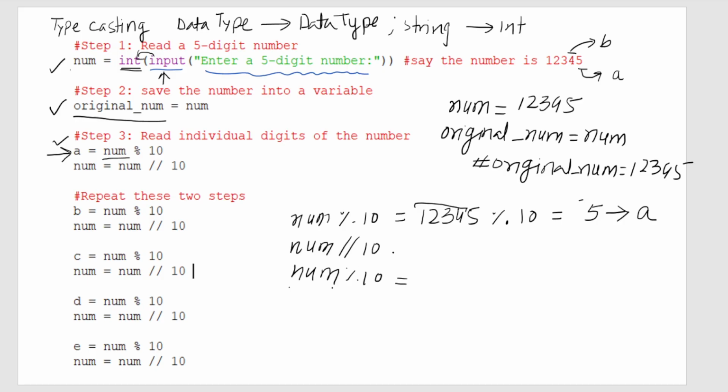Division by floor is 1 2 3 4 5 double slash 10. If you haven't studied the operators part, you should go back and check it, for those who don't know what floor division is. This division will give you 1 2 3 4.5.